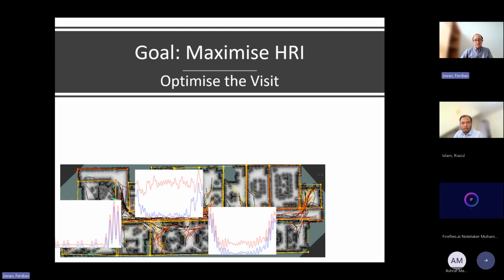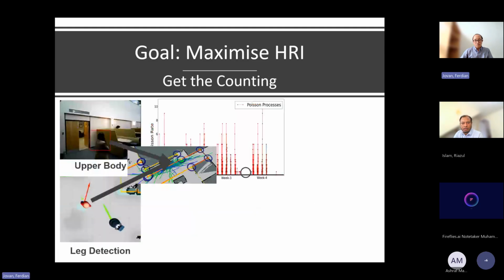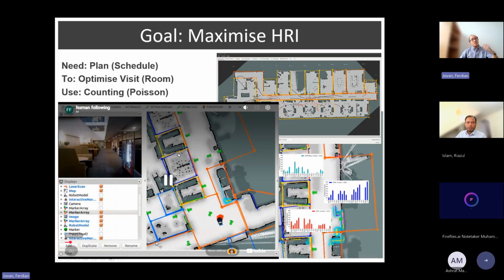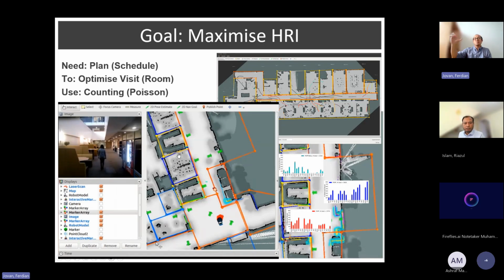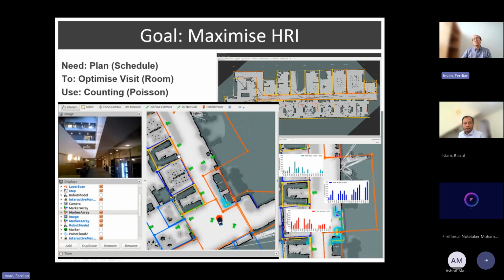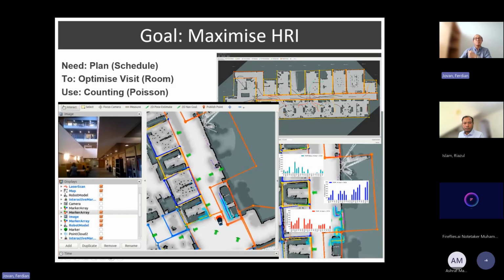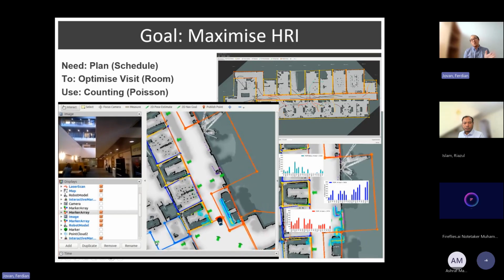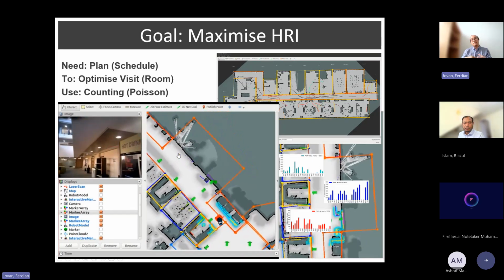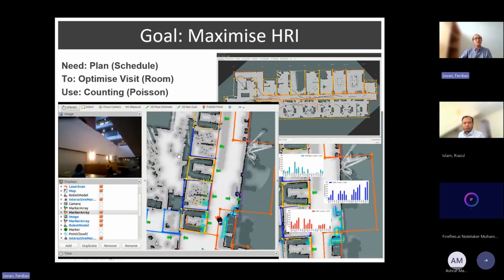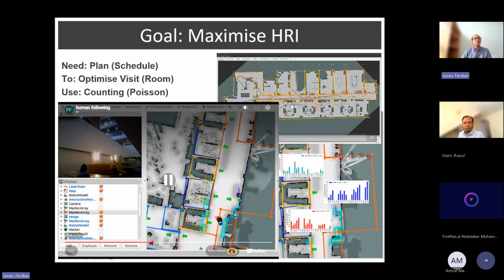This signal is actually coming from a people tracker, which is a bunch of modalities. You have the laser to detect the legs, and the camera to detect the upper body, and it combines them together and tracks them, creating a trajectory over time, like the one here.